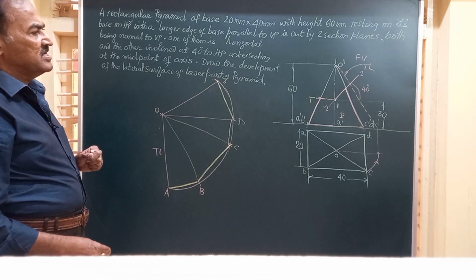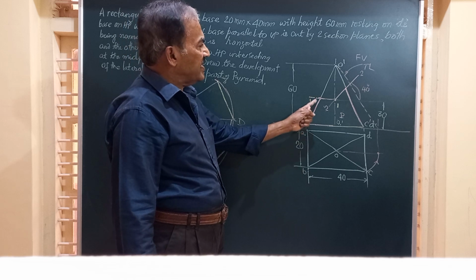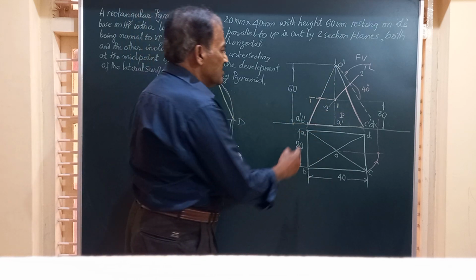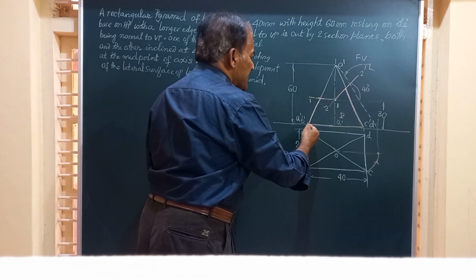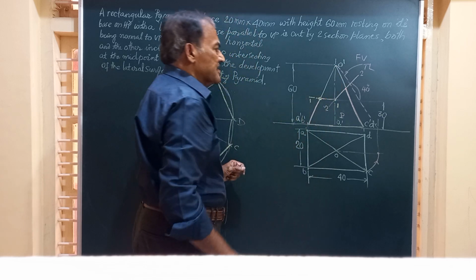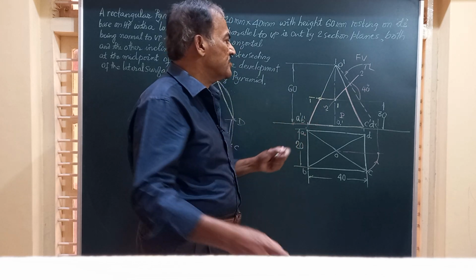And now friends, let us commence with the marking of the points where section plane 1, 1 is cutting the solid. Friends, the 1, 1 section plane is cutting the slant edges O dash, A dash and O dash, B dash at this point. But O dash, A dash and O dash, B dash are not the true length.